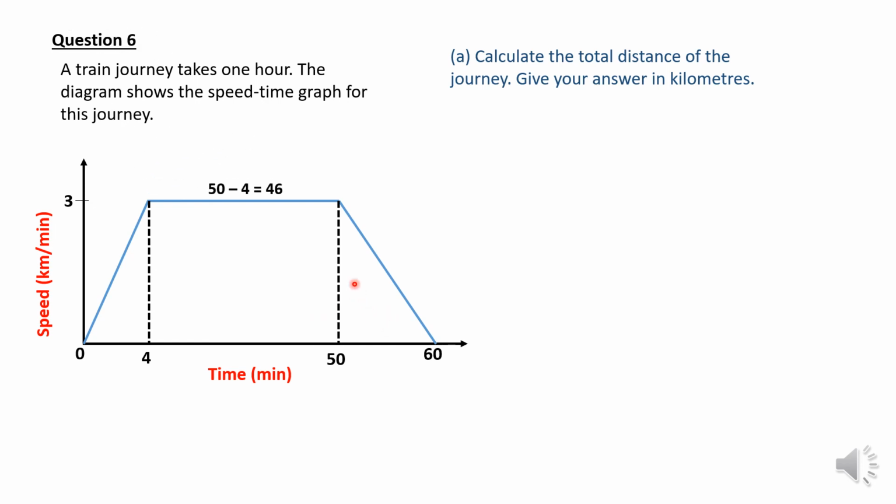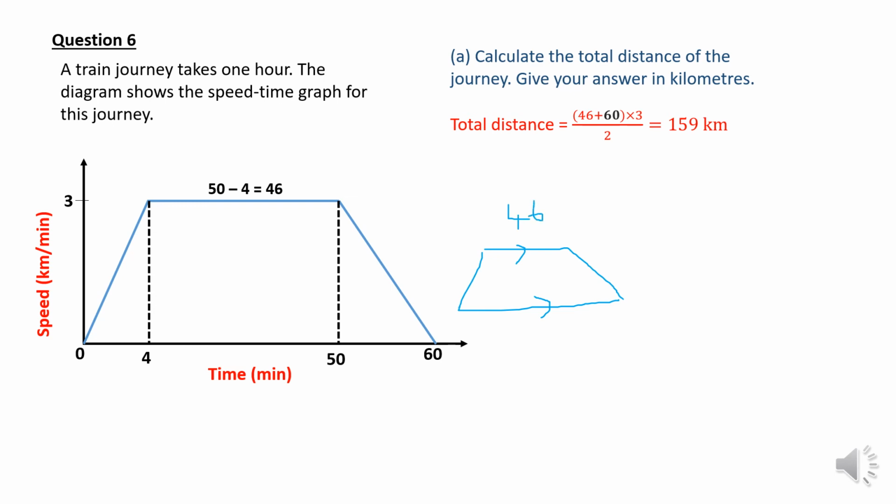Or essentially, I can also realize this is a trapezium. The formula to calculate the area of a trapezium, remember, works as long as there are parallel sides, and these sides are parallel. So I take that 46 there, and now here is going to be 60, all the way 60, and the height here is nothing but that particular 3 that you are looking at.